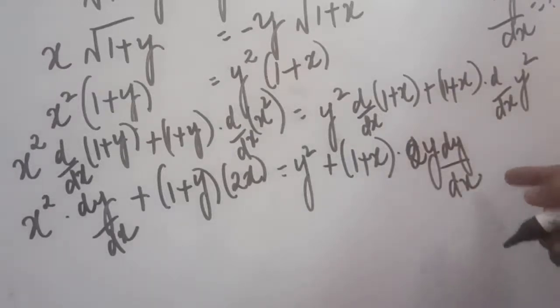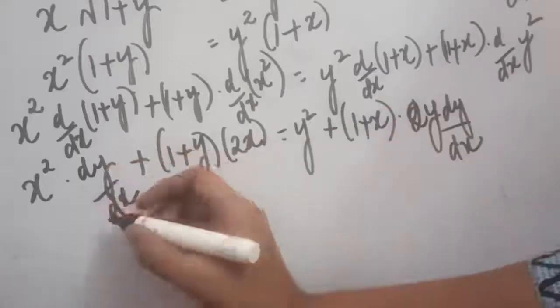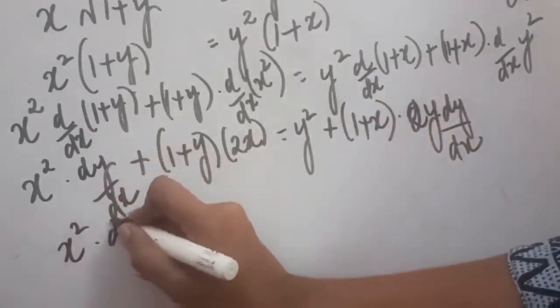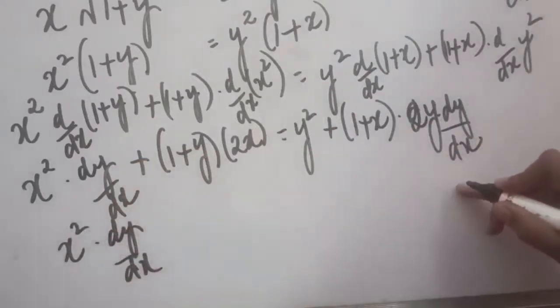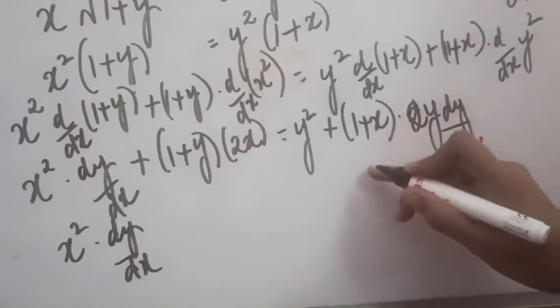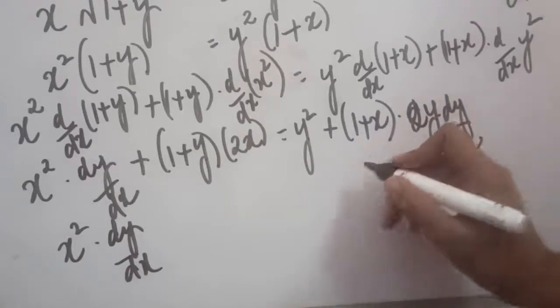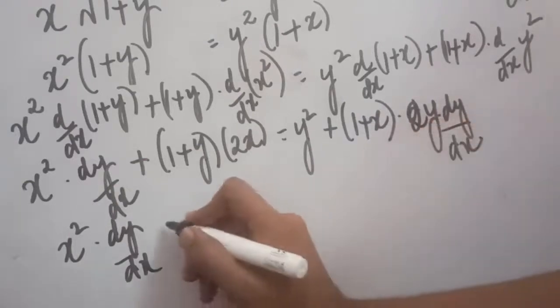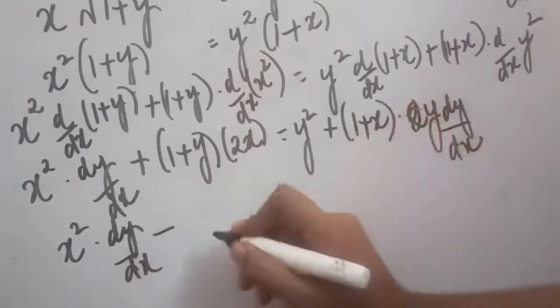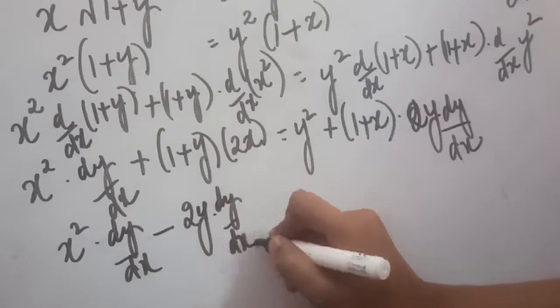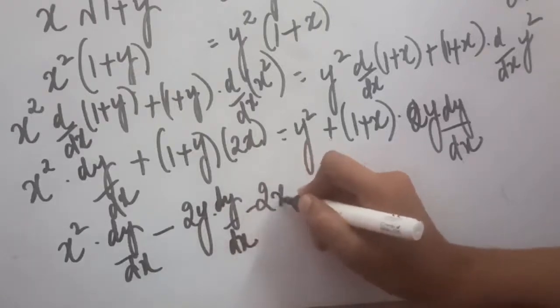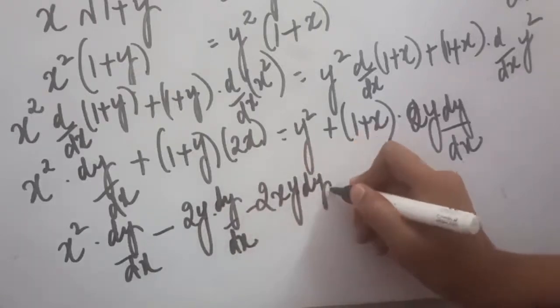So from here we can again take dy upon dx common. This figure is having dy upon dx. On the right hand side, this figure is having dy upon dx, but this figure is multiplied with 1 plus x as well, so we need to open this. It will be minus 2y dy upon dx and minus 2xy dy upon dx.